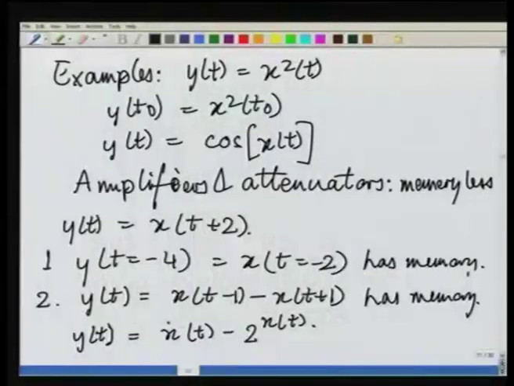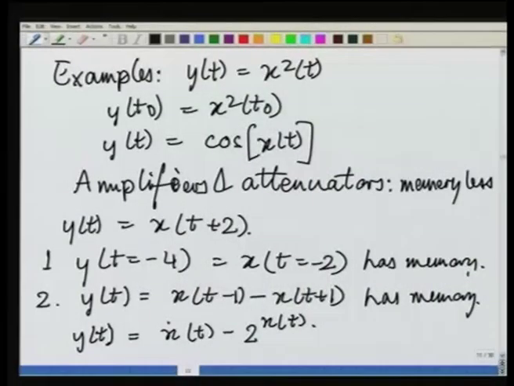Now, if we know the value of the input at t naught, we know x(t naught). So, we know 2 to the x(t naught), we also therefore know x(t naught) minus 2 to the x(t naught). Therefore, the input signal needs to be known only at the point t naught. So, this system again has no memory. This is a memoryless system.